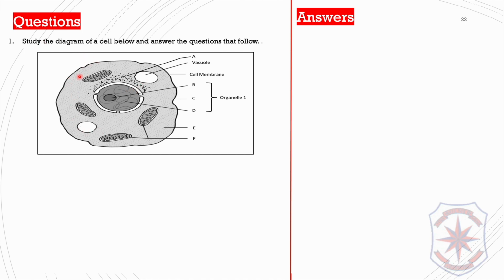How do you study the diagram? You analyze, you check what the diagram is, and then if you have labels, if you have structures that are unlabeled, A, B, C, D, E, F, organelle 1, you should fill them out first. That's how you study the diagram.